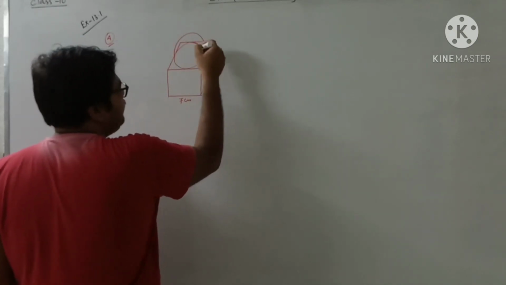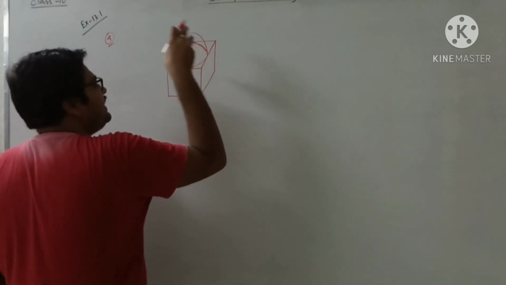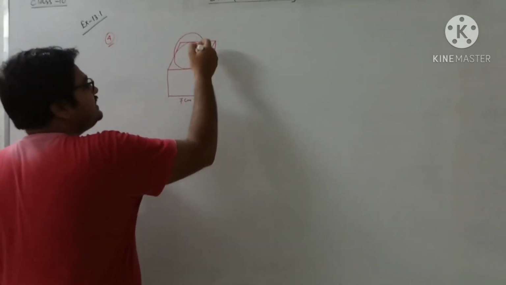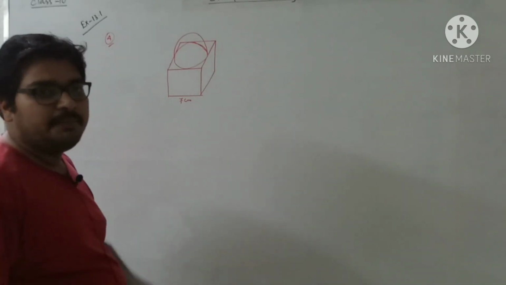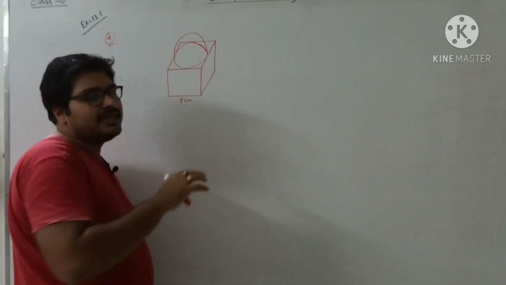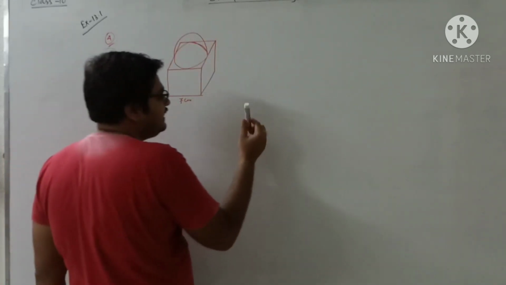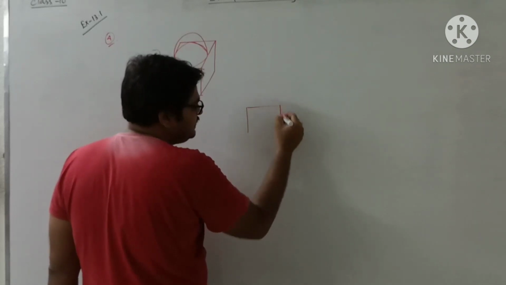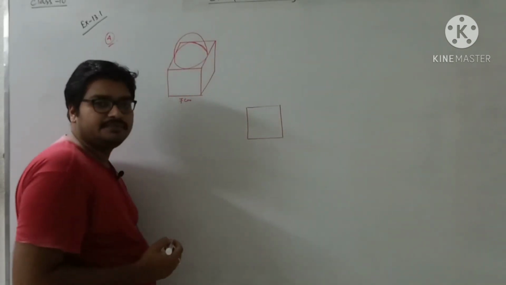The hemisphere has a circular face, and the greatest hemisphere will be the one for which the circle touches all the sides of the square, because it is a cube, so all sides are the same. So the upper face of the cube is like a square. I have just drawn the upper face of the cube.